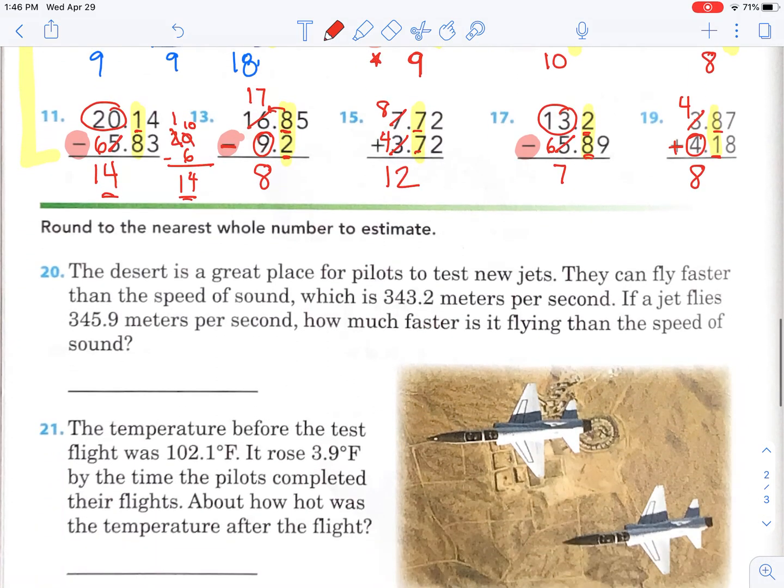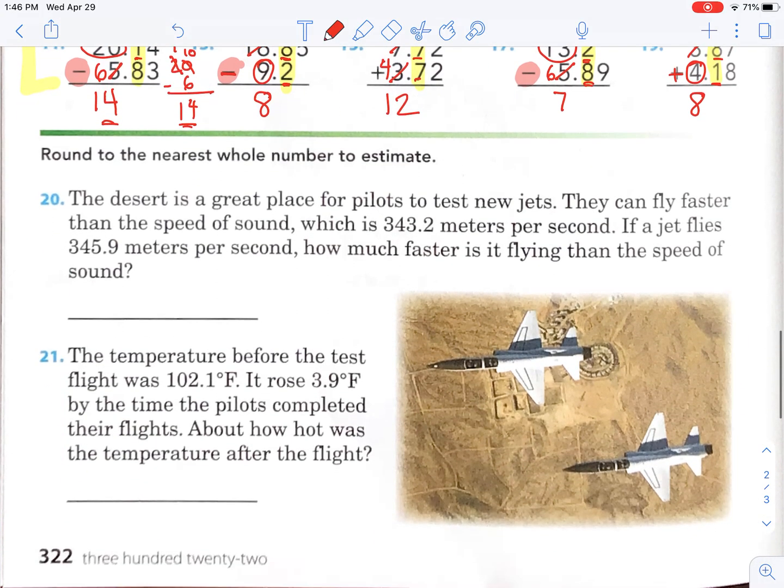Here we go. Last 2 word problems. Look at those cool jets. The desert is a great place for pilots to test new jets.